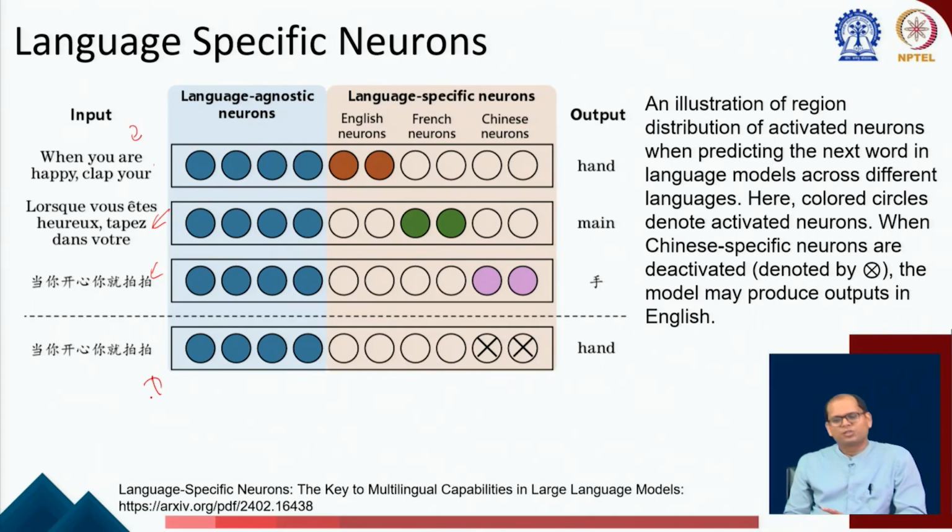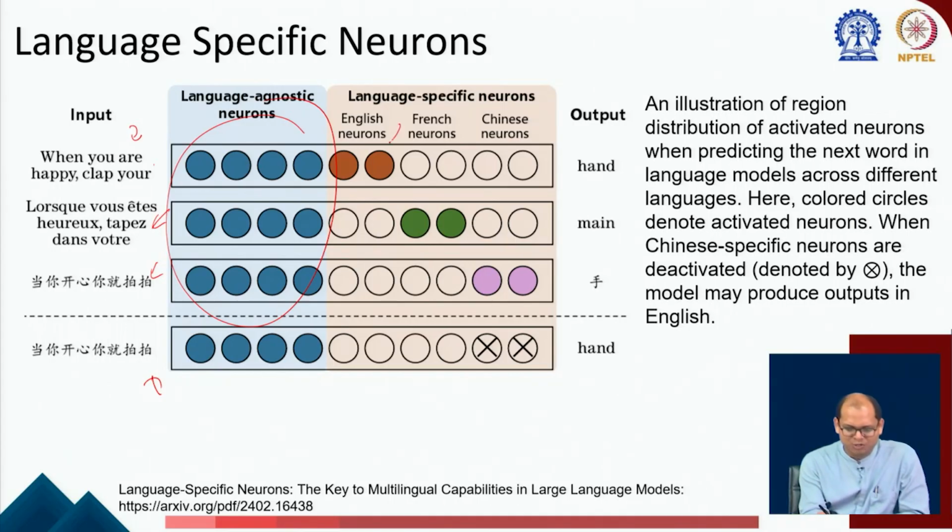Now, what they see, suppose you are passing this input in English or French or Chinese, there are certain neurons that are language agnostic, similar to phase 1 that we saw. So, they will do processing, they will build a good representation, right? They are not responsible for the language part as such. Now, after those neurons, there are certain neurons that are responsible for different languages.